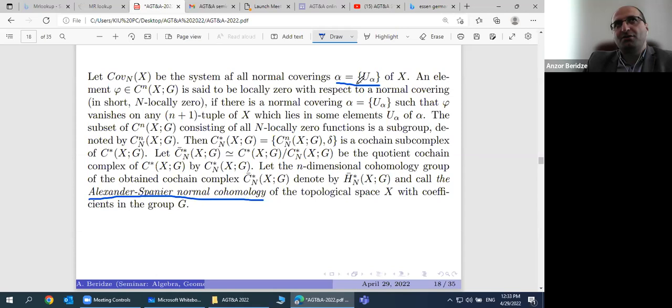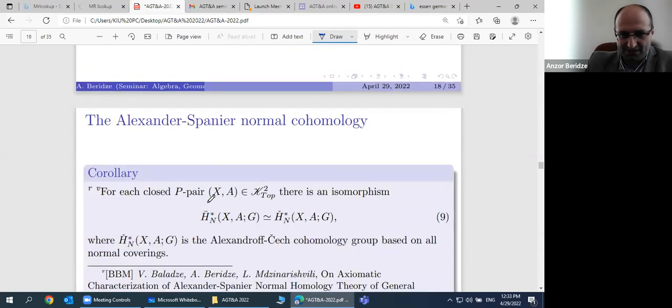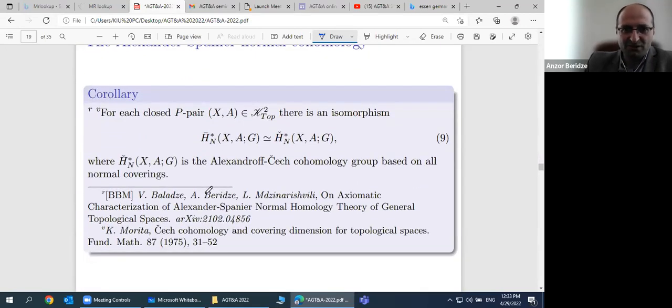for cohomology theory, the continuity property was valid on compact topological spaces. But if we do a little modification of Alexander-Spanier's cohomology, and if we restrict coverings to normal coverings, then this cohomology theory will be much more interesting because Watanabe has proved the continuity property for general topological spaces, and I will say what it means.